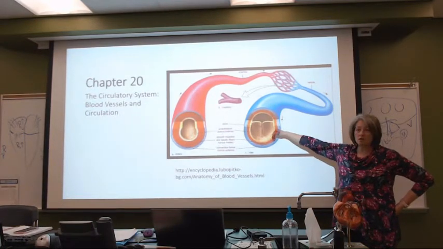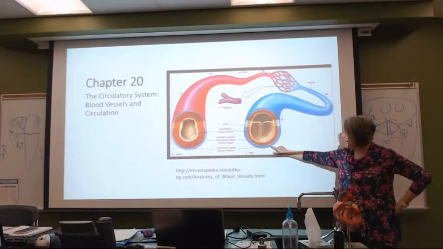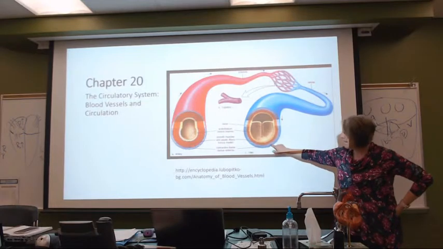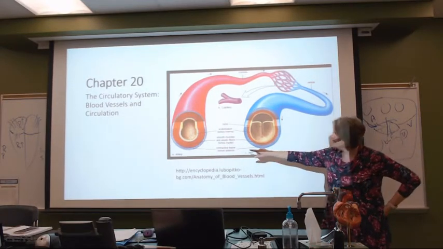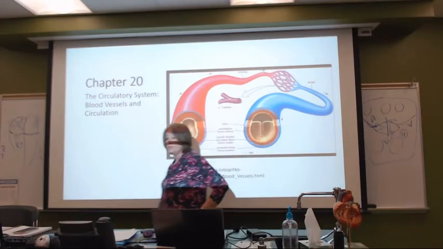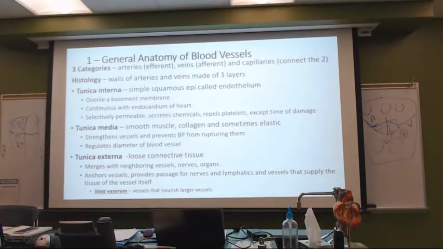We have valves that are present, okay? We have an outer layer, middle layer, inner layer. So these layers that are going to be present are termed tunics, because just like everything else that we pretty much discussed, we've got the 3 layers.